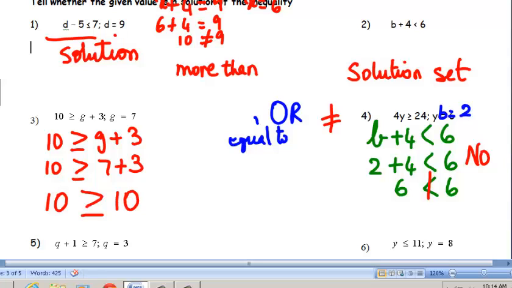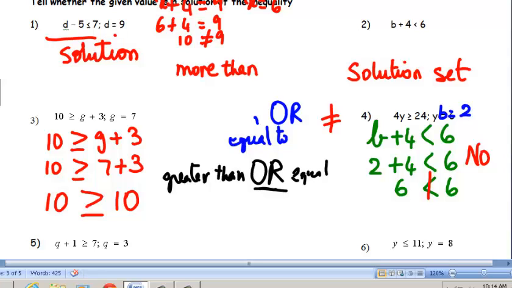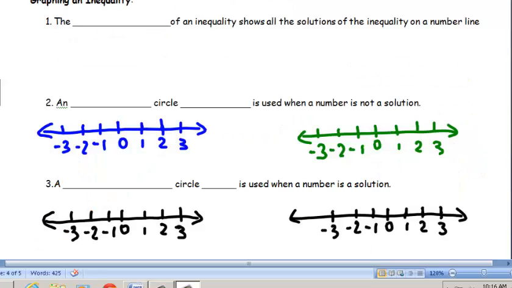Now, 10 is not greater than 10, but again, remember, this is either greater than or equal to. So 10 is greater than or equal to. This works. 10 is equal to 10. So yes, this is a solution. Okay. Go ahead and finish the other three.